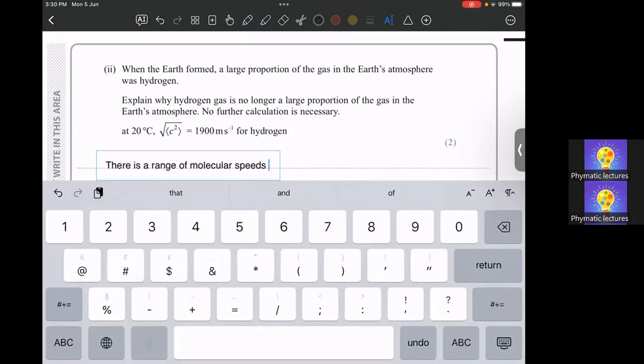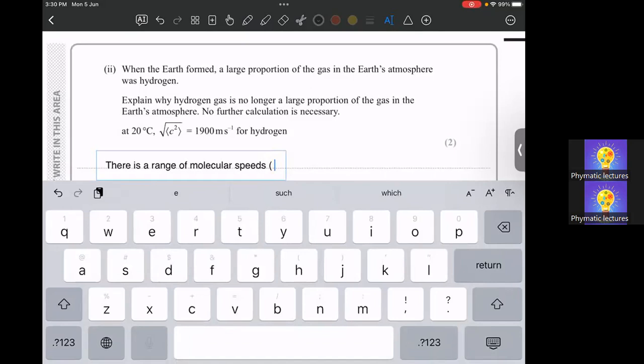If you want an idea, I will give it in brackets.